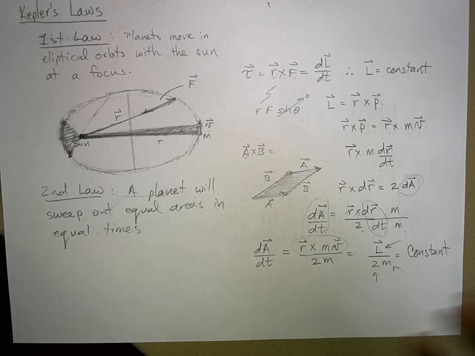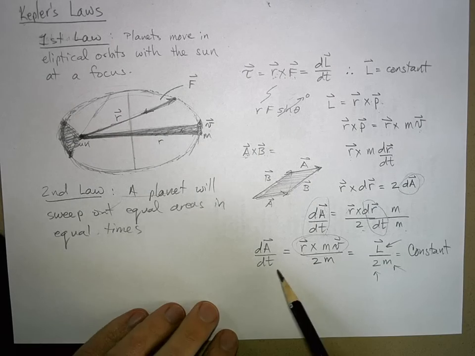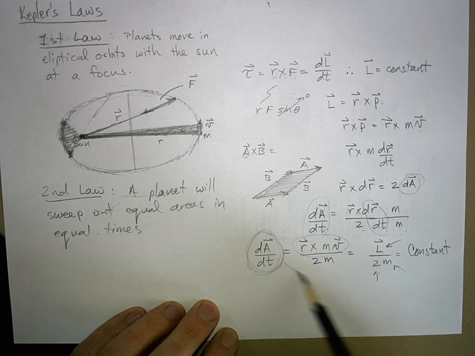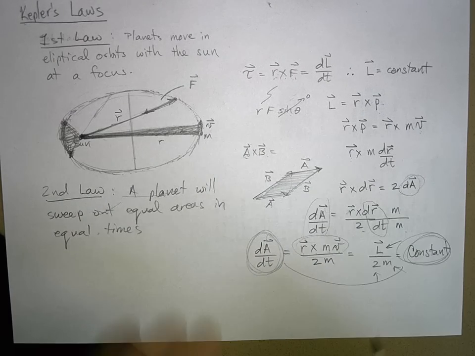We're saying that the rate at which I sweep out area is a constant. And that is Kepler's second law. So we're done.